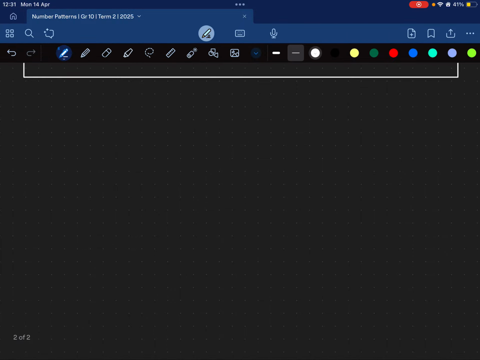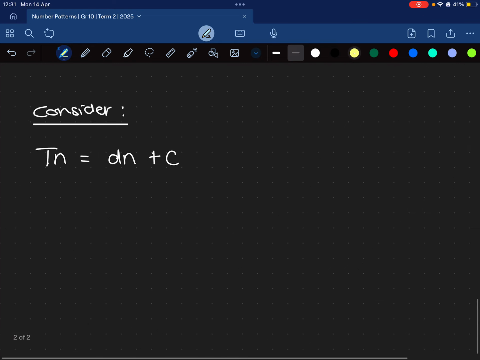So consider the equation Tn, which is equal to Dn plus C. Now, what would happen if I wanted to know what is T1? So take a moment and just write out a general equation that you would get if you had to put 1 in the place of n.